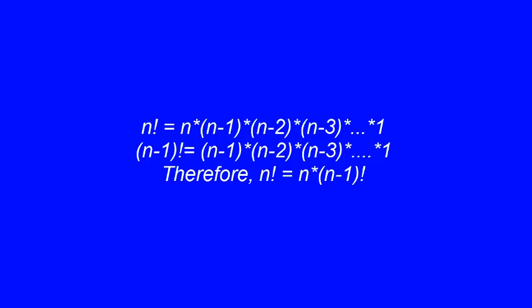And what did we have as n factorial? It was n times n minus 1, n minus 2, n minus 3 till 1. So if we extract n from the problem, what we have left is n minus 1 factorial. So basically n factorial is the same as multiplying n by n minus 1 factorial.